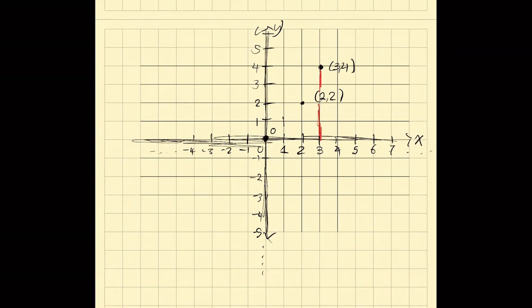The x value is at 3. And the y value is at 4. So any point on this coordinate plane is always going to be of the form x, y. So how would I write a coordinate for this point right here? What would the coordinate be?